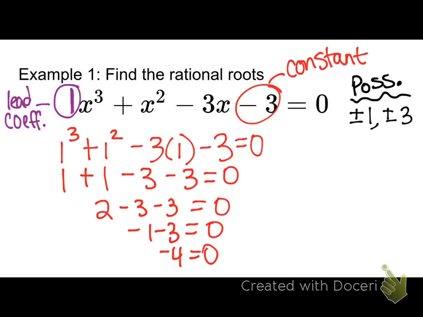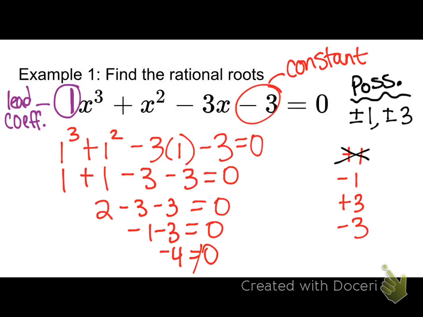Does this one work? No. How do we know this doesn't work? It doesn't equal 0. Negative 4 does not equal 0. So that means if I were to write out my list all individually, I can go ahead and cross off positive 1. That is not going to work.